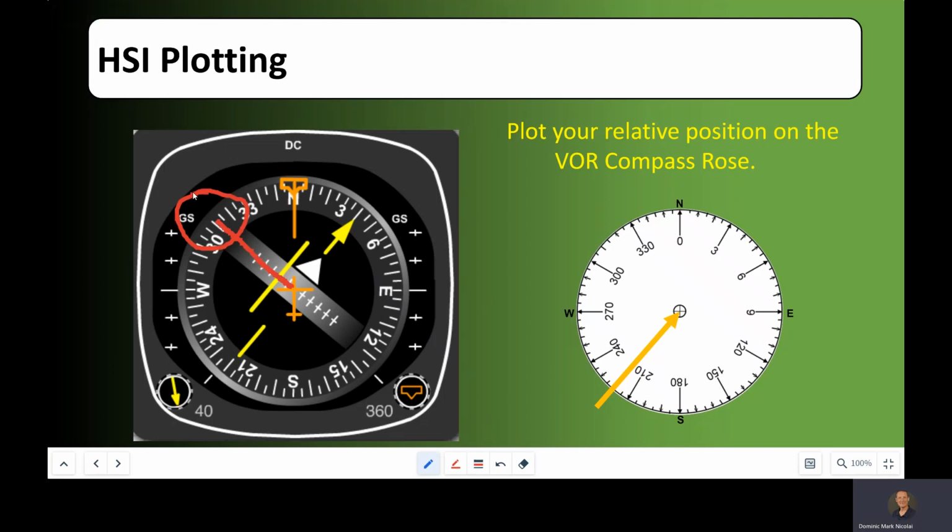If I have to go northwest, then I'm on the southeast side of the course line. Nice thing about the HSI is I have a representation of the airplane and the course, and I see that the aircraft is already on an intercept course for my course line. Nice little feature. Questions on that?